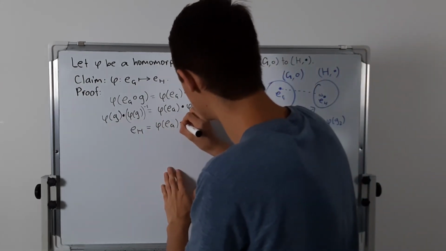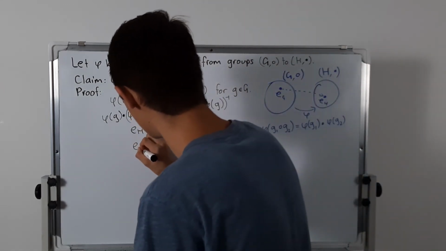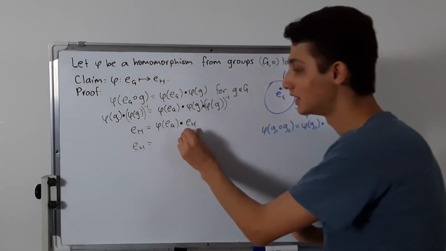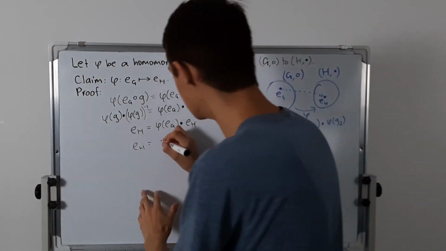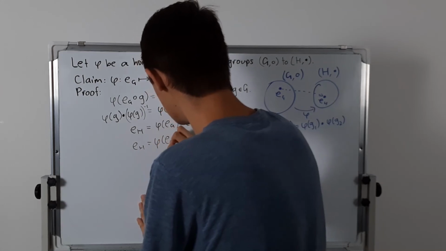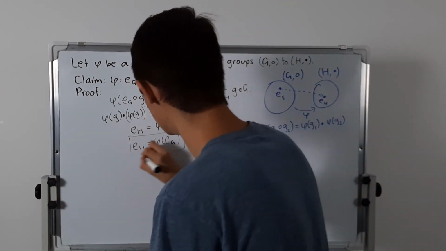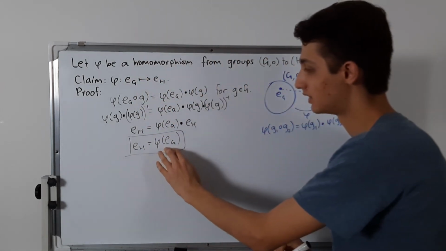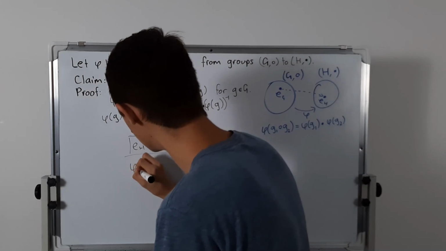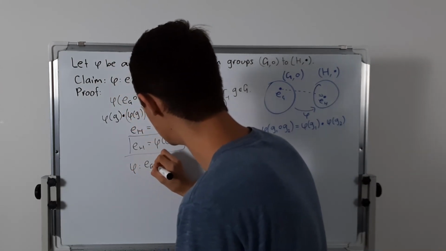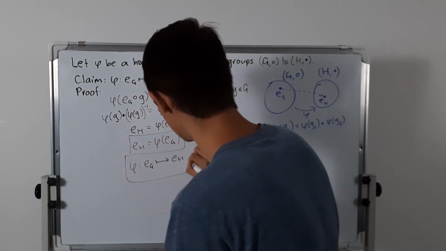And E sub H is going to vanish because it doesn't do anything to phi of E sub G. So we have phi of E sub G by itself now. And yes, we have shown that phi maps E sub G to E sub H. So we can conclude that phi maps E sub G to E sub H, because these are just equivalent statements pretty much.